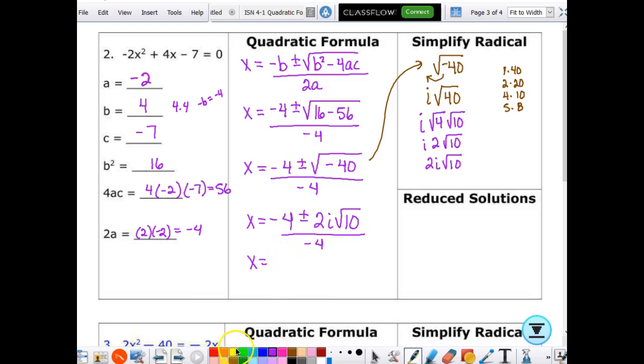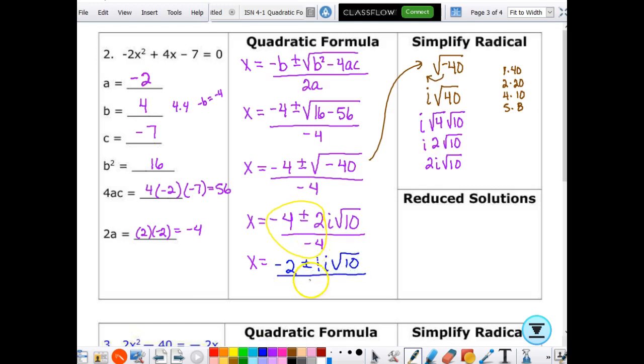Then these little guys right here are going to reduce: 4, 2, and 4. Sometimes they don't, guys. If we get through all these notes and we don't have one that doesn't reduce, I'll show you an example of one that does not reduce. Okay? Okay, so 4 divided by 2 is negative 2. 2 divided by 2 is a 1, so there's an invisible 1 there.